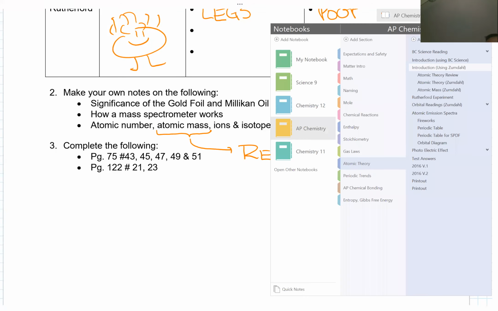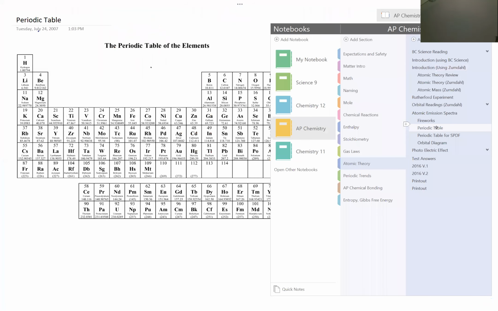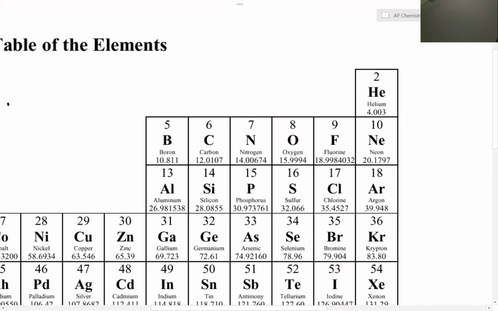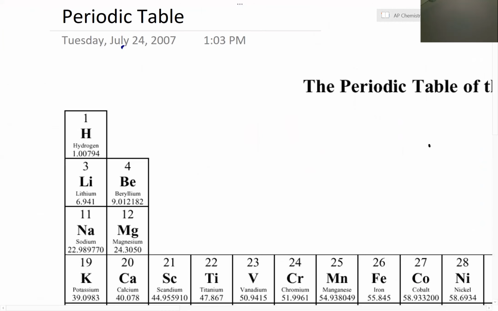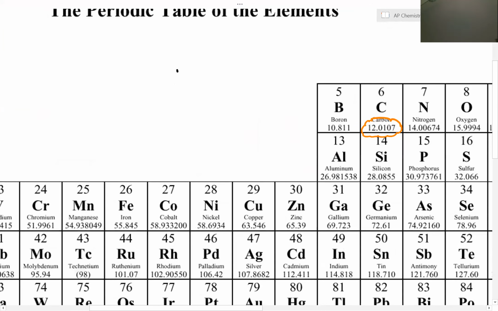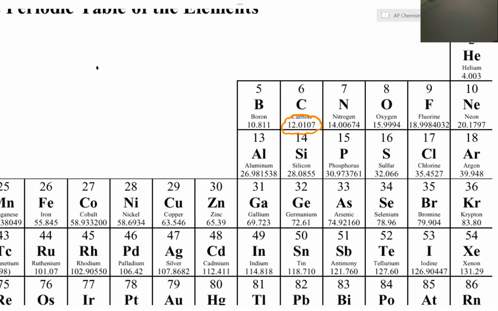So when we look at our periodic table, you notice, why is carbon a mass of 12? And let's say hydrogen is a mass of 1. What experimentation showed, and that goes a little bit beyond the scope of this course, was that one atom of carbon is 12 times heavier than one atom of hydrogen.